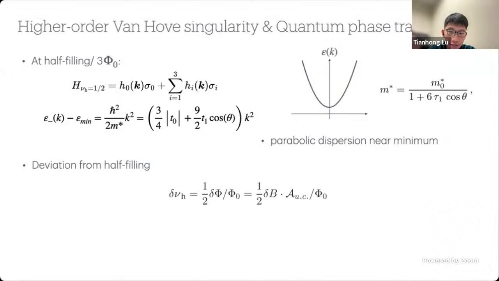We can solve this analytically, and the minimum is actually fixed at one specific momentum. So we just have to look at that set of momentum kx, ky, and it's consistent for that kx, ky.